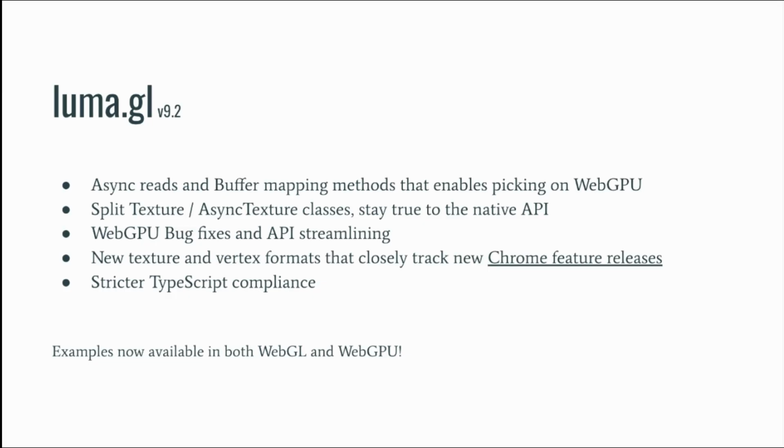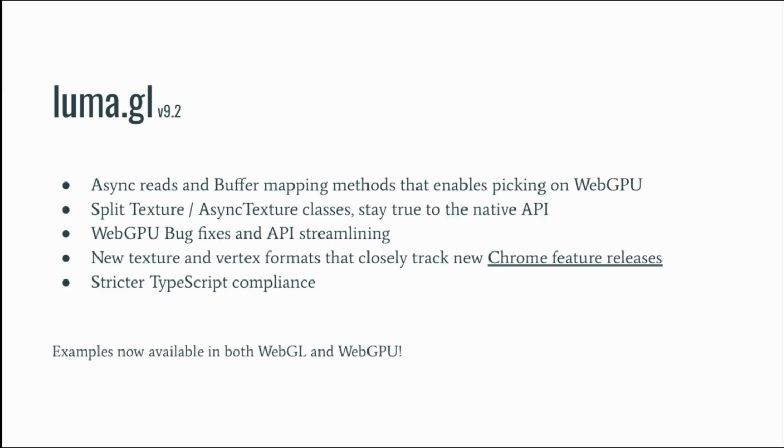So we're going to have a way of doing async picking, which is already shipped in vis.gl, but not enabled by default. There's been a big refactor with the texture class, where it's now much simpler, and all the async handling of downloading data is now split out into an extension wrapper, the async texture class.